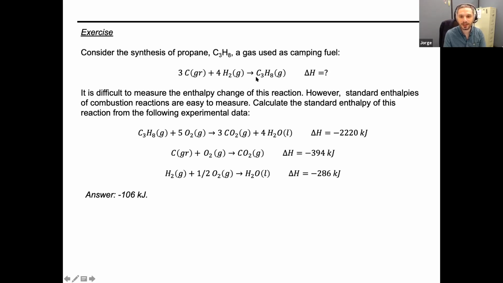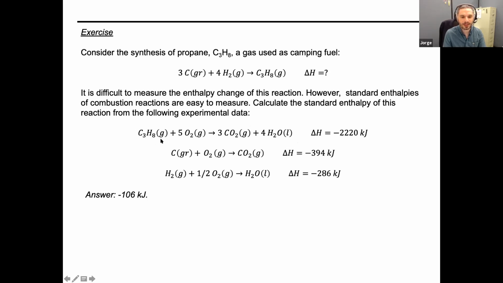So see here that we have propane as a product. Therefore, we have to match any individual step that shows propane with propane on the right side of the equation. The only reaction that shows propane is the first one.